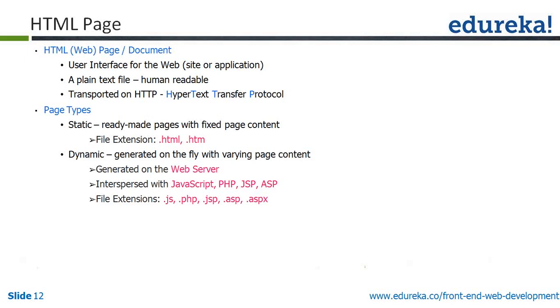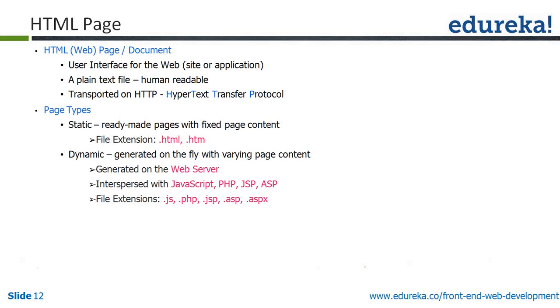Another type of page is called a dynamic web page. The dynamic web page is basically generated dynamically by the server on the fly, meaning every user will get a different HTML page.